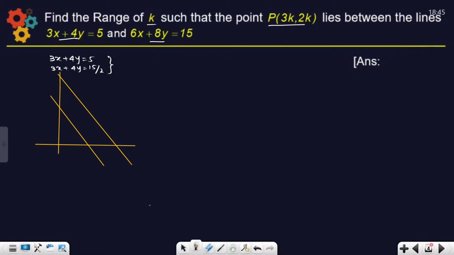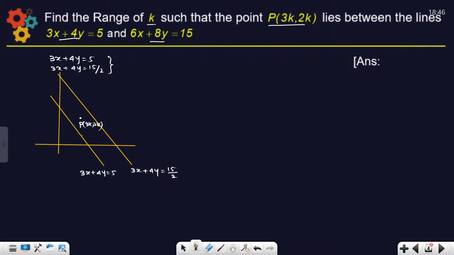Now, the equation of this line will be 3x plus 4y is 5, and the equation of this line will be 3x plus 4y is 15 over 2. Right? Now the question is, the point P will lie between these lines. That is, this point is our P, which is (3k, 2k). Okay? Then what should be the range of k? That's the question.